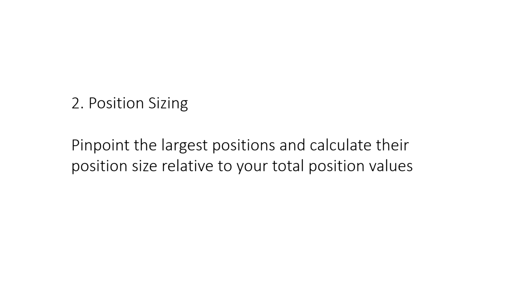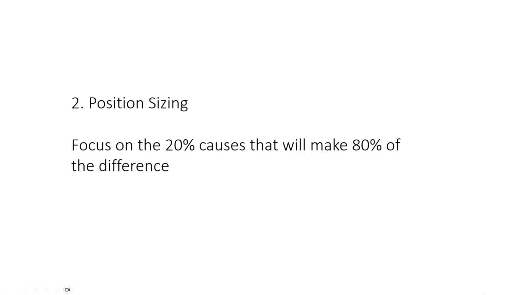So the equity in your house would be 30% of your total assets, which is a huge portion. Things like that. You really want to focus on the 20% of causes that are going to make 80% of the difference.